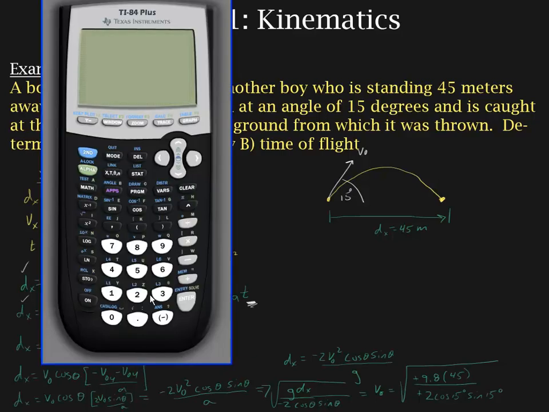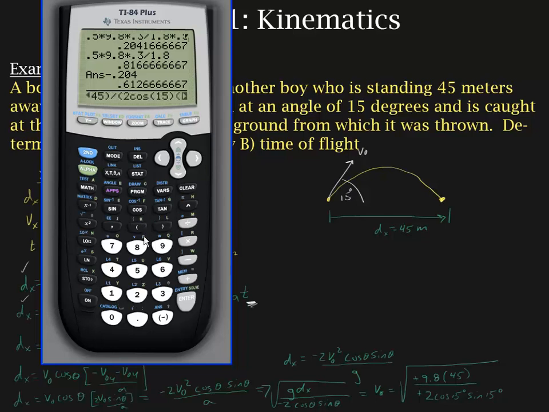Now let's calculate this. So we're going to get the square root of 9.8 times 45 divided by the quantity of 2 cosine 15 times sine 15.